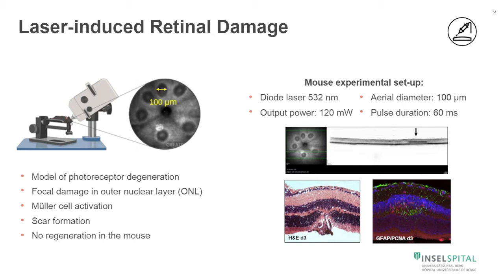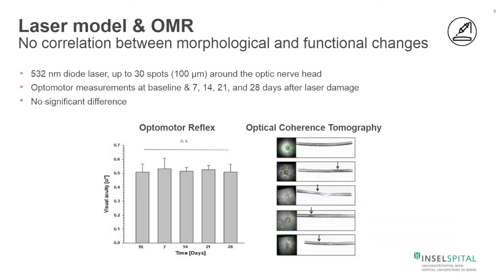In the mouse, we don't have any regeneration. However, if you use the same model in the zebrafish, you see after 14 days a complete regeneration of the damaged retina. So now we would like to know if there is a correlation between the morphological changes you just saw and the function of the retina.